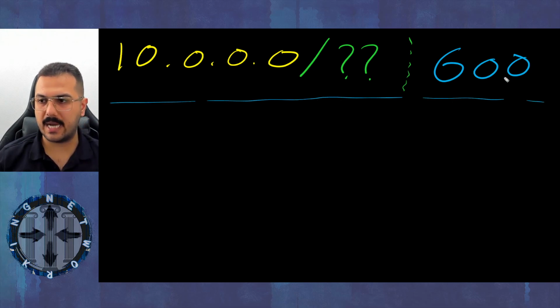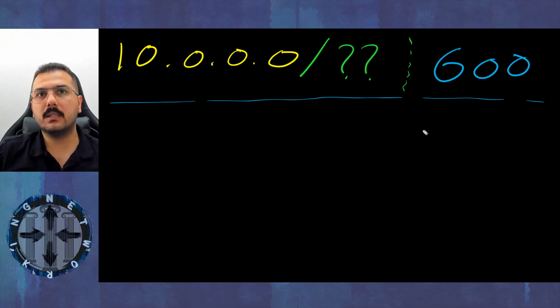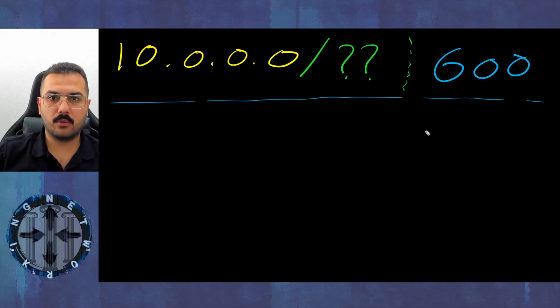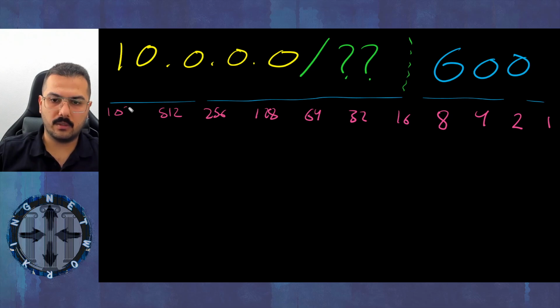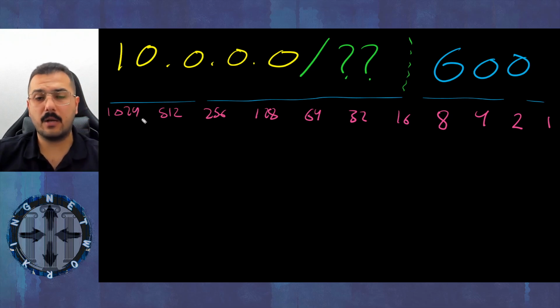No, I am not writing the diagram of 1111, etc., this time, because I don't know the subnet mask. What I will write is a new diagram, a diagram of the multiplications of 2: 1, 2, 4, 8, 16, 32, 64, 128, 256, 512, 1024, and this can continue for thousands, tens of thousands, hundreds of thousands, millions of numbers.